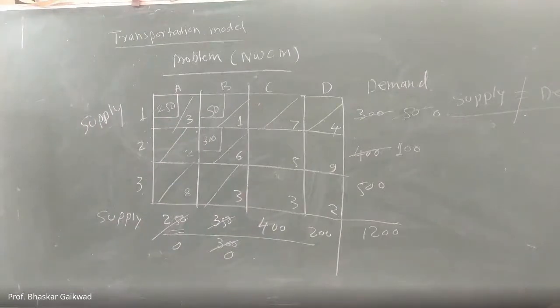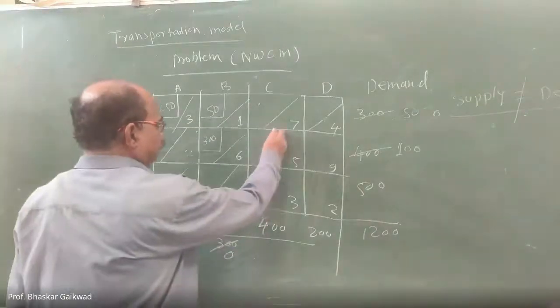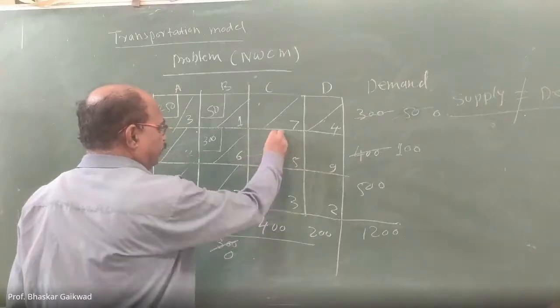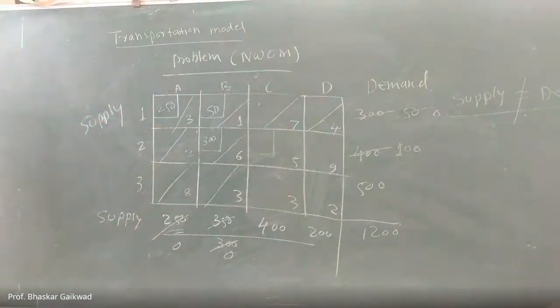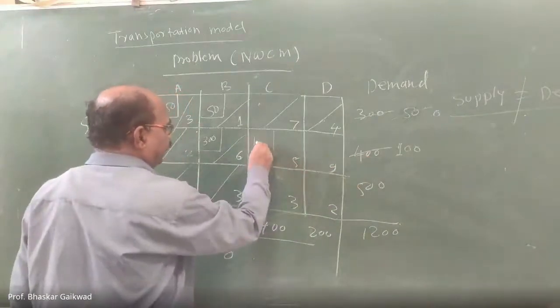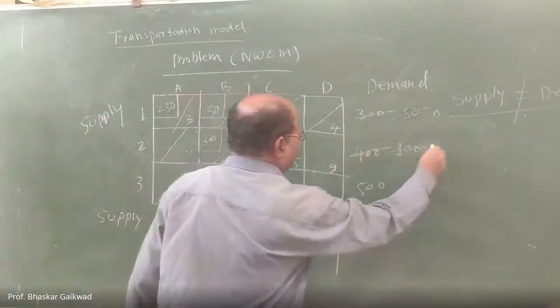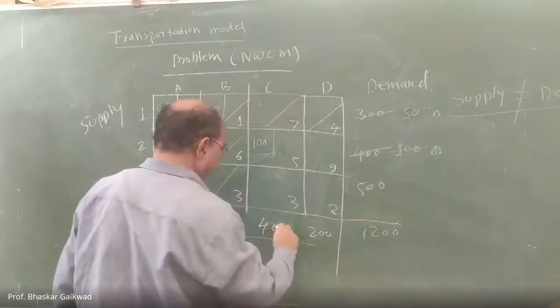Now after this, you see the next northwest corner. So this is here. After that, you see which is the least value, either demand or supply. Demand value is 100, supply value is 400. So here 100, here it is 0, and here it is 300.